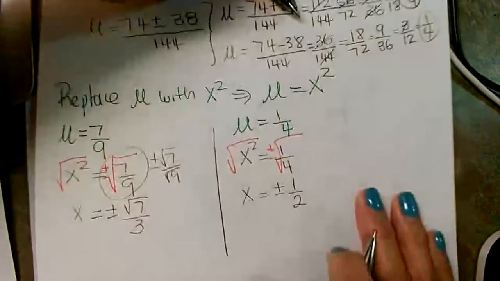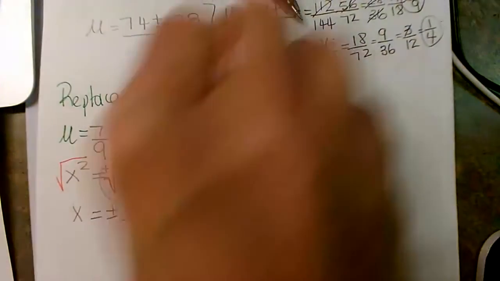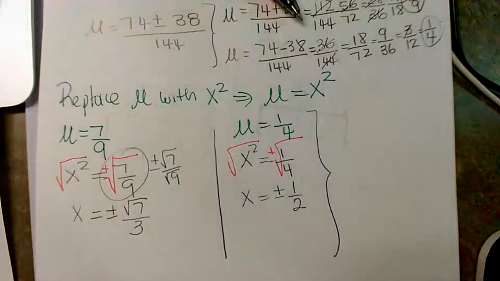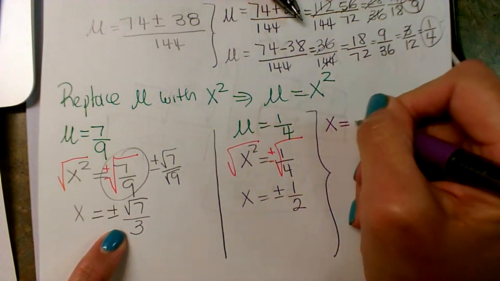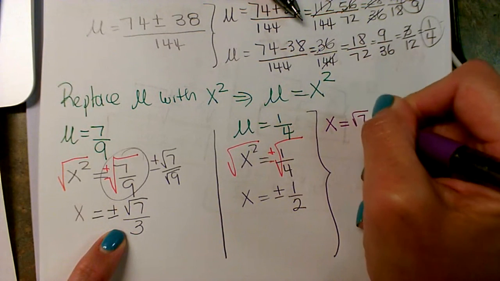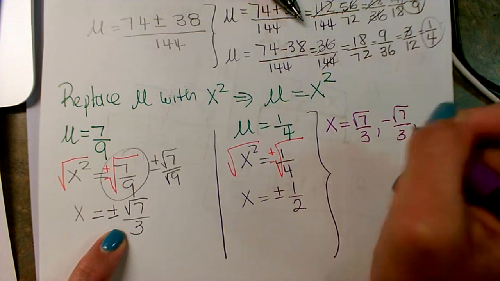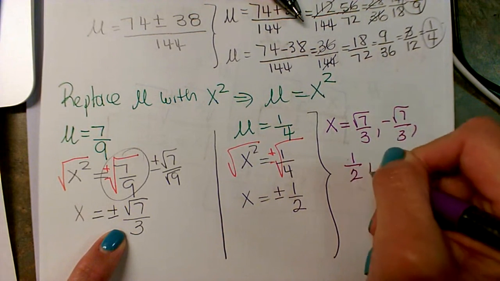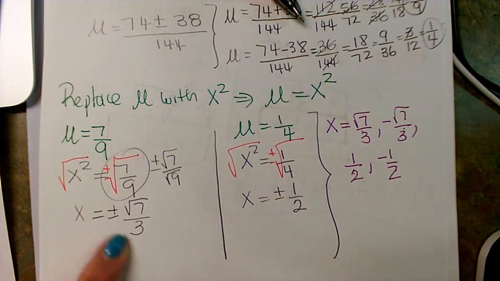So that's why I say there are 4 answers, because x is going to be equal to positive and negative square root of 7 over 3, 1 over 2, and negative 1 over 2. 1, 2, 3, and 4 answers.